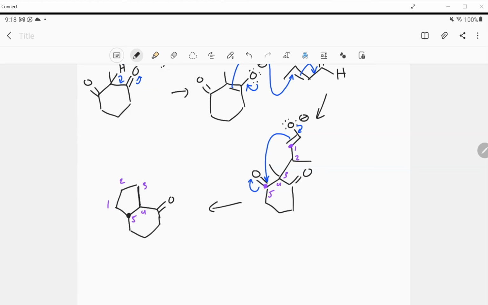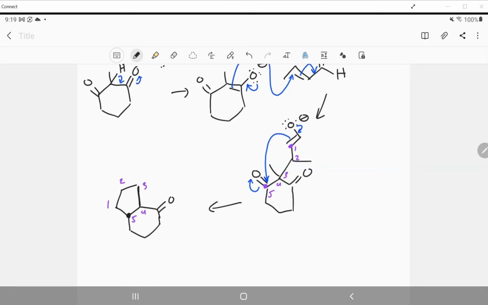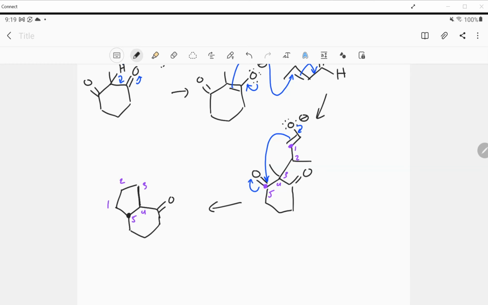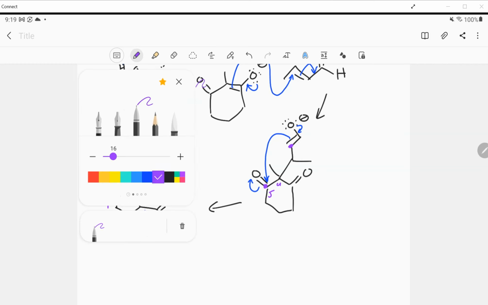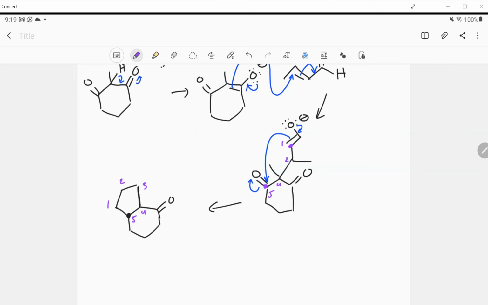On carbon 3, on carbon 4, 5, 4, how many? Why do I have 3 and 4 in the same place? This will be a 4-membered ring, actually. Let's double check my counting here. 1, 2, 3, 4. Okay, I lied. 4-membered ring.